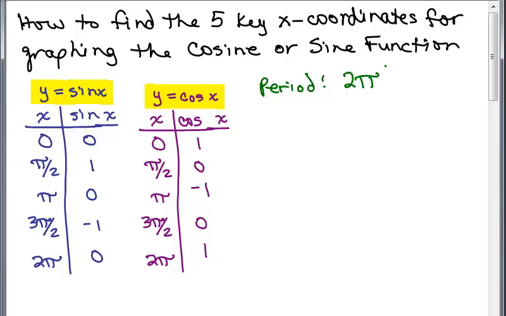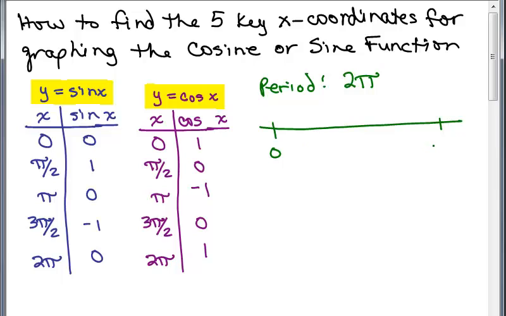So notice for the x-coordinates, if it starts at 0 and the last key coordinate is 2 pi, that should be a total of 2 pi units. So the difference between 2 pi and 0, for instance, is 2 pi units. Now to get each x-coordinate, whatever the first x-coordinate is, we're going to go a fourth of the way from our first key coordinate to the last one.